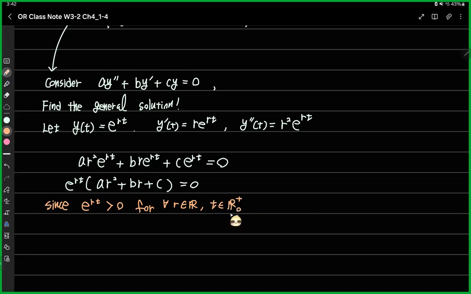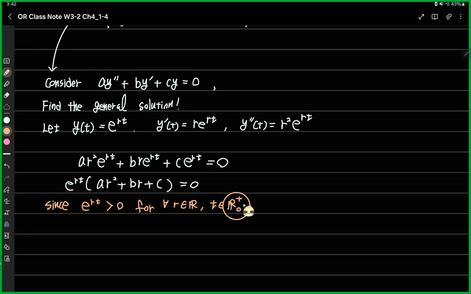What does that mean? Because t represents time, is there a negative time? No, there's no such concept as minus 1 second. Time must be non-negative.